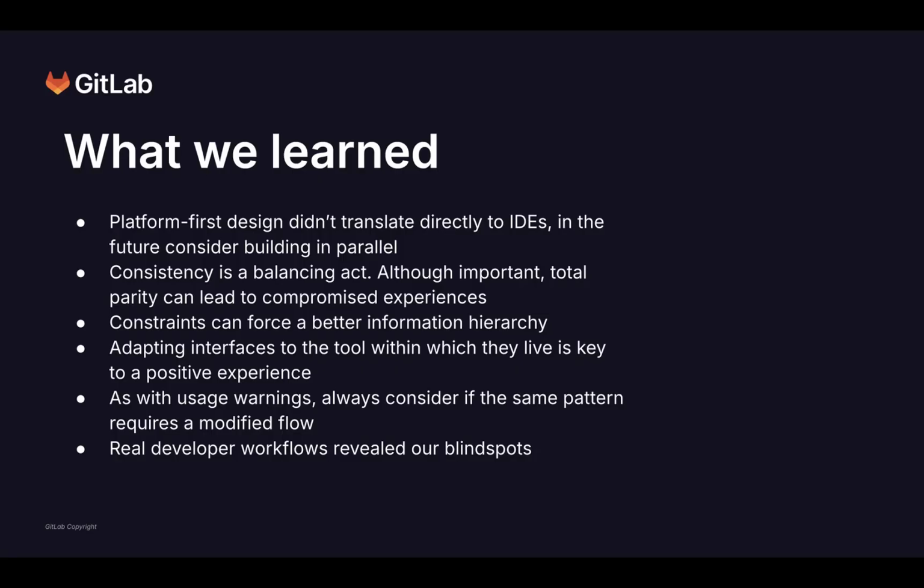Adapting interfaces to this particular tool is really key, and we've had some positive feedback throughout testing these with developers. And the usage warning was one of the main things that was a surprise to us. We didn't realize initially that you would have to restart the extension. And so there was a lot of back and forth with our engineering team and with our technical writers to ensure that we were communicating that modified flow properly.